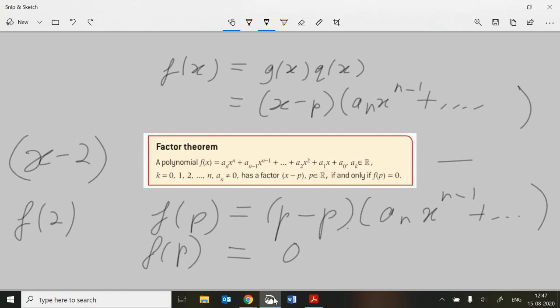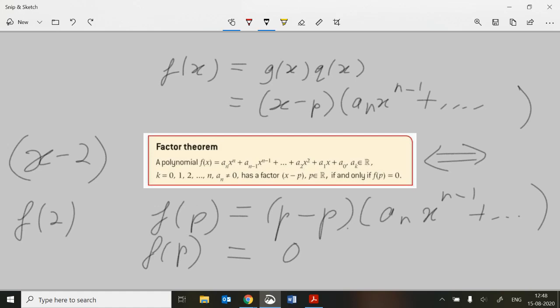If and only if in mathematics is not just leading one way, it's also saying it goes backwards as well. So the implication goes both ways. It's saying if you have f of p is equal to 0, then when we go up through the steps, we can see that x minus p must be a factor in this case.